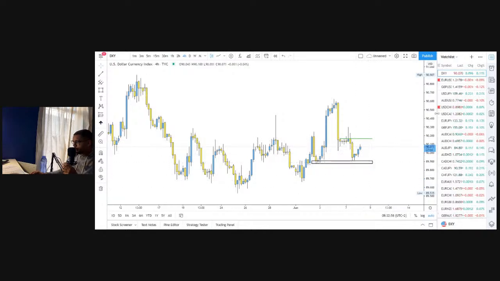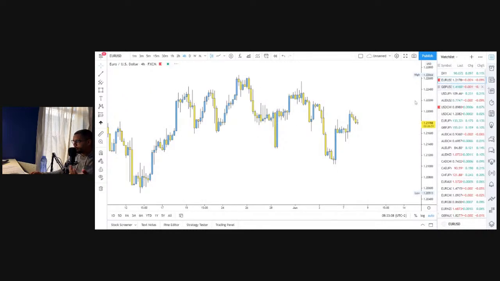Then I'm expecting downward movement, so we'll see how price reacts to this area. If price can break above and then continue higher, that's really good for us in terms of DXY actually getting stronger. And then it's the exact same thing with Euro USD, okay? Because Euro USD and DXY correlation is very strong.